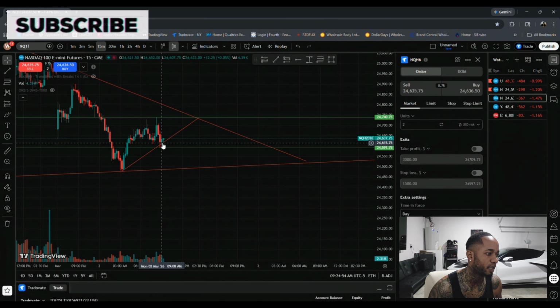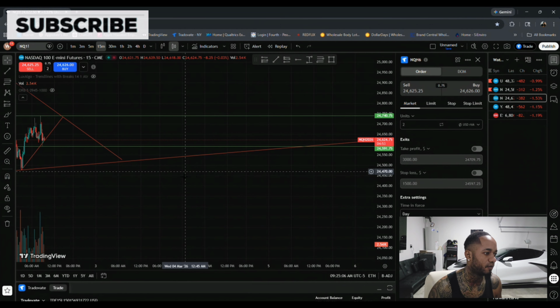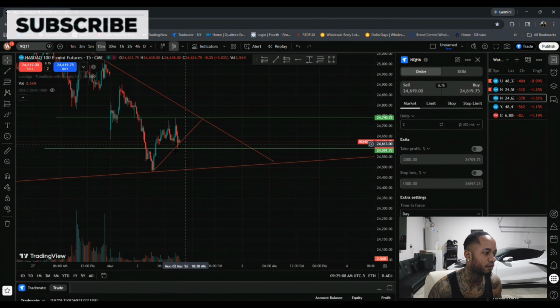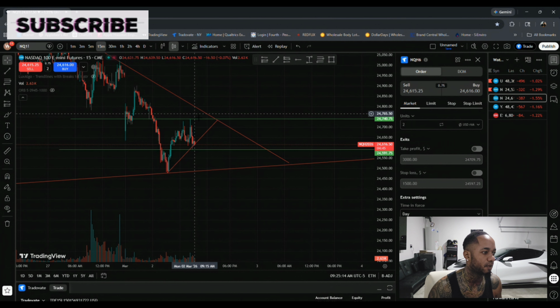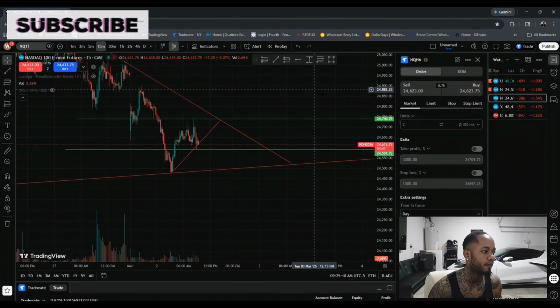Once I get a break and then a breakthrough of my support, that's somewhat of a confirmation for me. I might take a short coming down to my major support line. And then, obviously vice versa, push up here and break through resistance. I might take a long in there, all right?